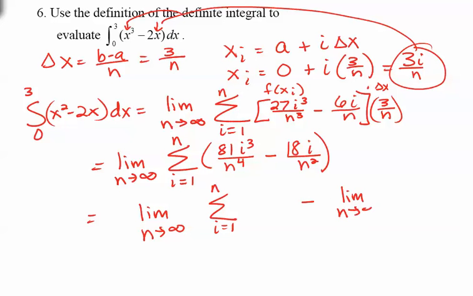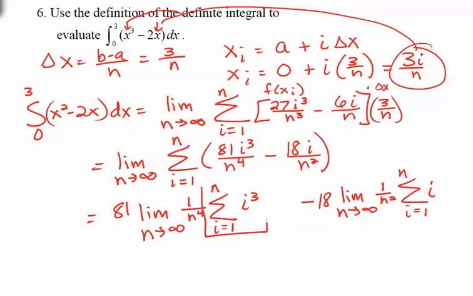And we know that the limit doesn't impact the constant, so if you want to do even more factoring, not the only way to do this, but of this first term, I could bring the 81 all the way out of the limit and the 1 over n to the 4th out of the sigma, and then I would just have i cubed. And out of the second part, we could bring the 18 out here, the 1 over n squared out of the sigma, and then we would just have an i.